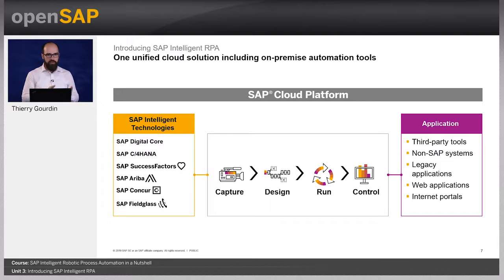You can of course execute an automation and constantly check its state and performance. The solution is running on SAP Cloud Platform and can be integrated with any kind of applications, either SAP or non-SAP software, such as Microsoft Office, web applications, Windows applications, legacy systems, Java applications, and so on.